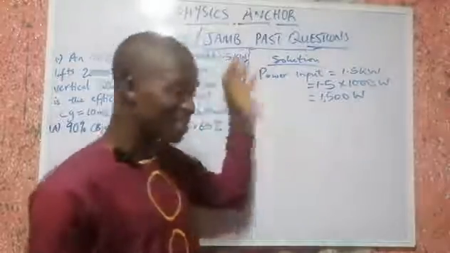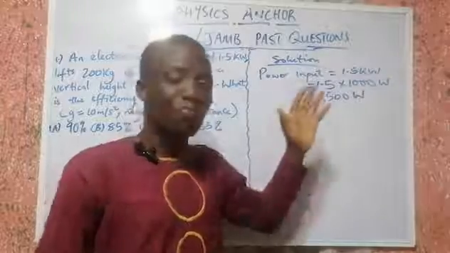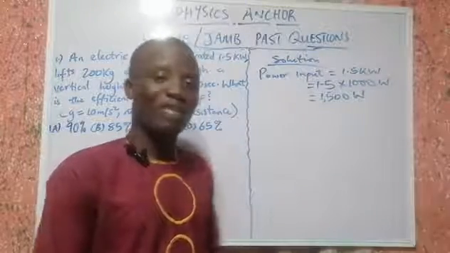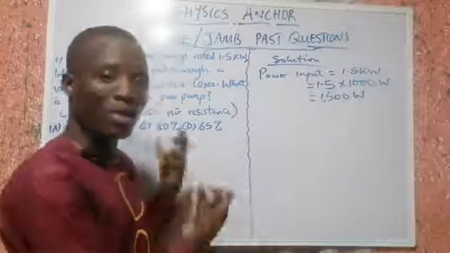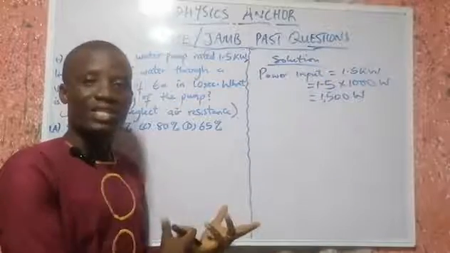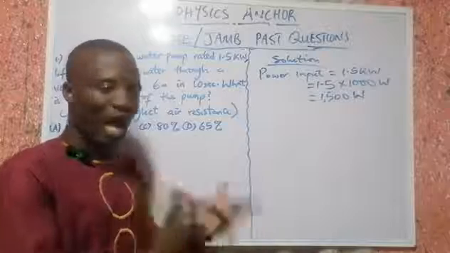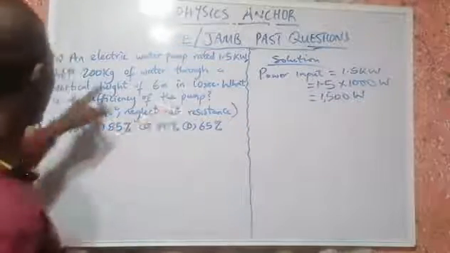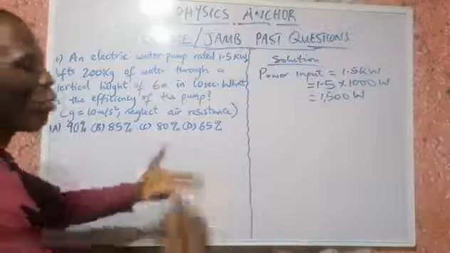In as much as we have input power, which has been given to us, what's next is to figure out from other parameters if we can calculate our power output.